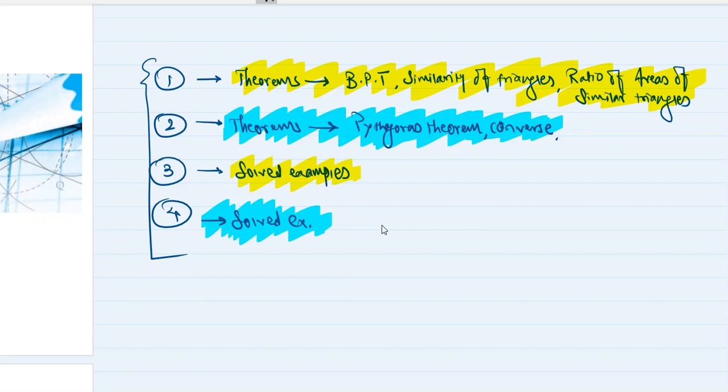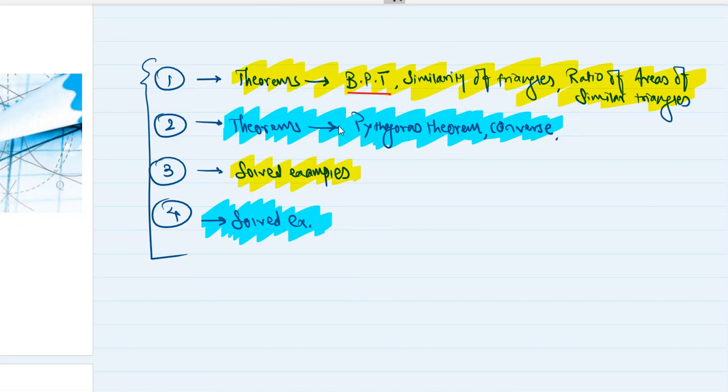And why did I select this method, doing theorems first? Because you get a proper idea about what we are going to study, and then applying the theorems becomes very easy, because we have already proved the theorem wherever necessary. Out of all these theorems, we are not going to prove every theorem.